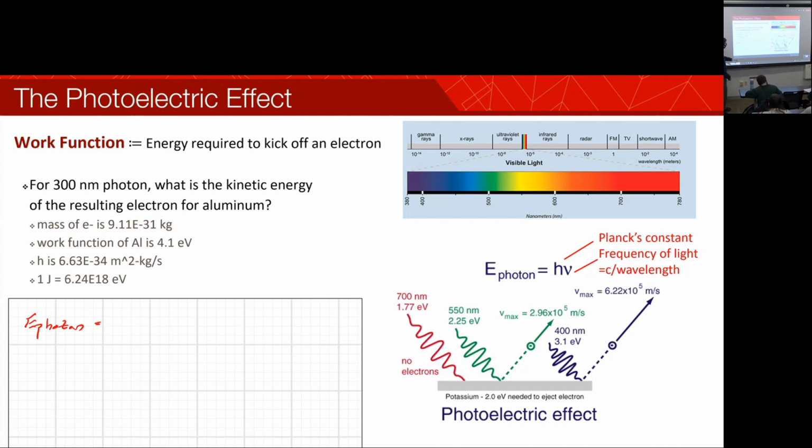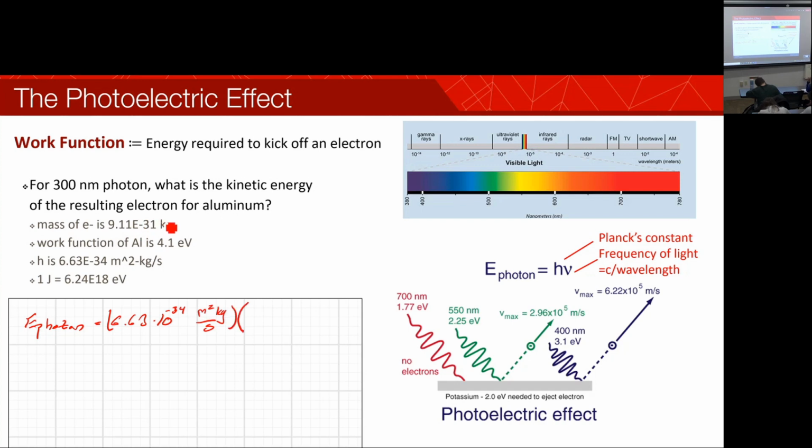And so we can figure out the energy of this photon by saying it's 300 nanometer light and Planck's constant. So let's put Planck's constant here, 6.63 times 10 to the minus 34 meters squared kilograms per second.